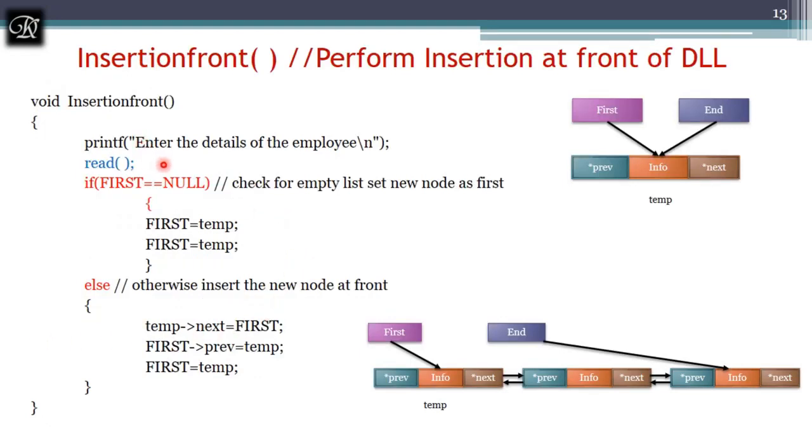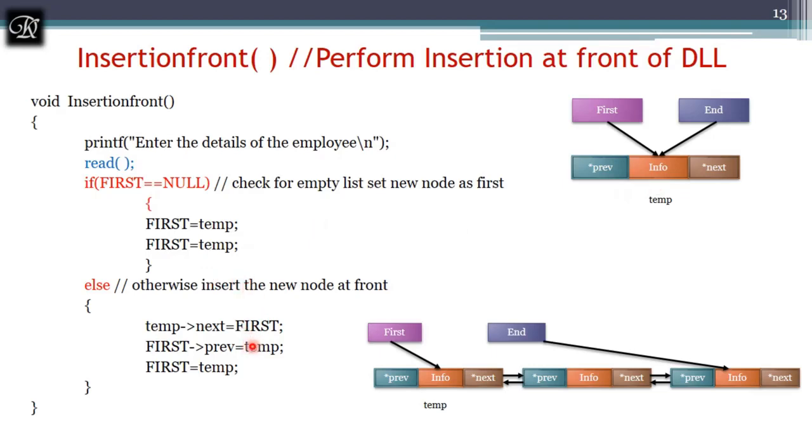Let's see how to achieve the same with the help of the code. As I said, we'll have two cases when we are inserting nodes at the front of the doubly linked list. The first case is the empty list. How to check for an empty list? If first is equal to null, it is not pointing to anything, then it's an empty list. So whenever I create a brand new node with the help of the read function, which is called temp, I'll call first and end the brand new node, that is temp.